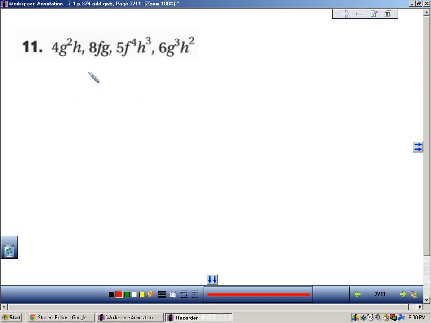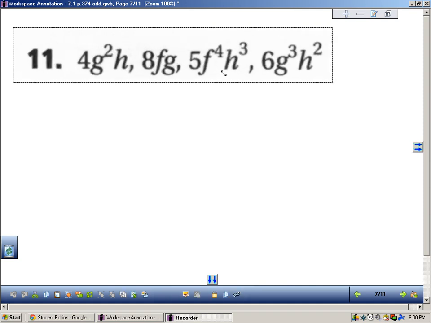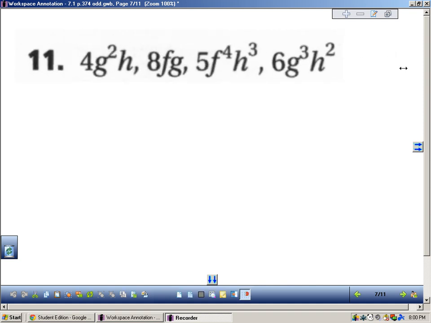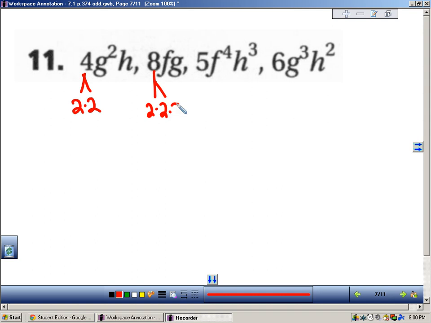Next one is 11. I'm going to enlarge it. So again, the same technique. I'm just going to look at 4. Break that down. 2 times 2. 8 is 2 times 2 times 2. 5 is 5 times 1, or just 5.